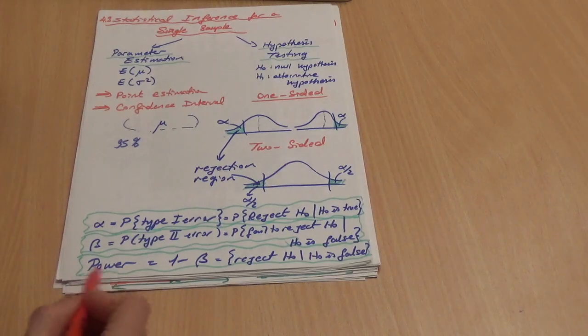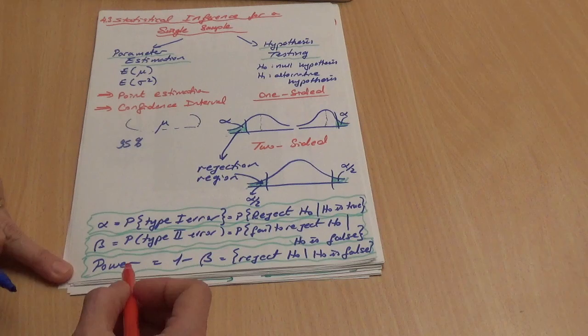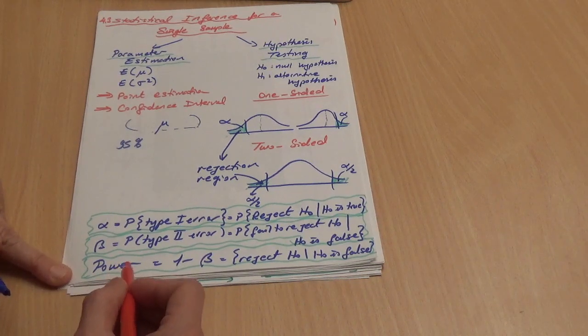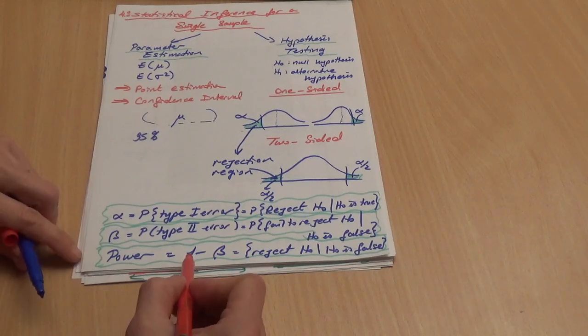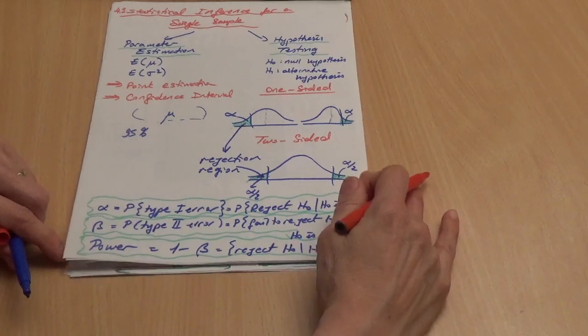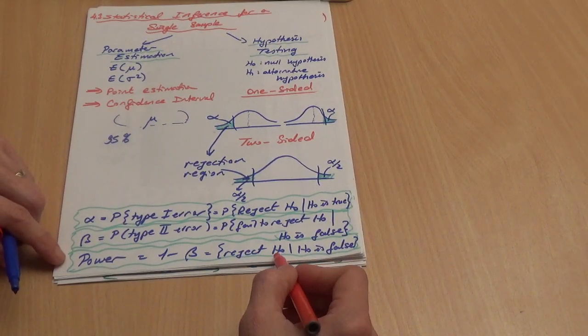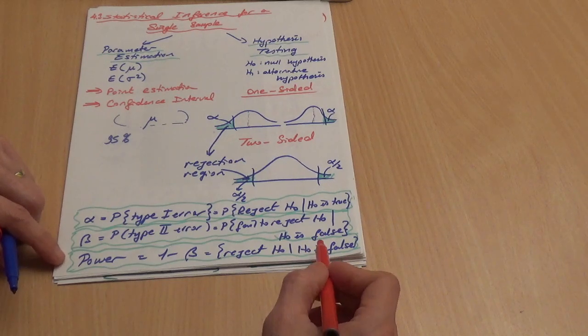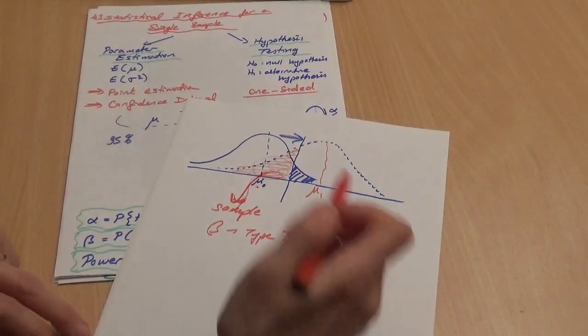And there is power, which is actually the power of the hypothesis testing, and we can calculate the power by subtracting beta from 1. So what is the meaning of power? Rejecting the null hypothesis when the null hypothesis is false.